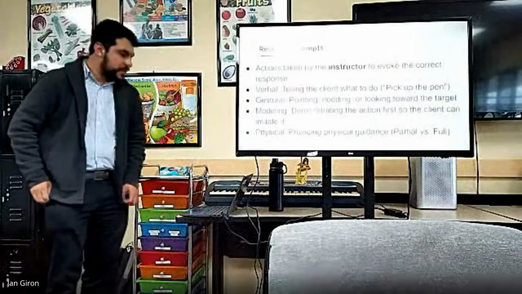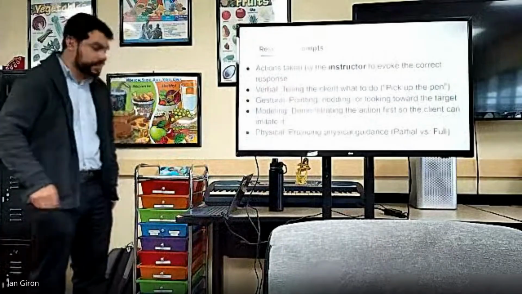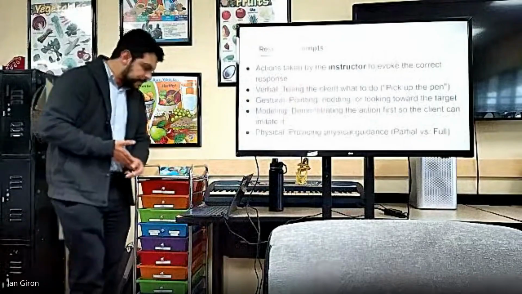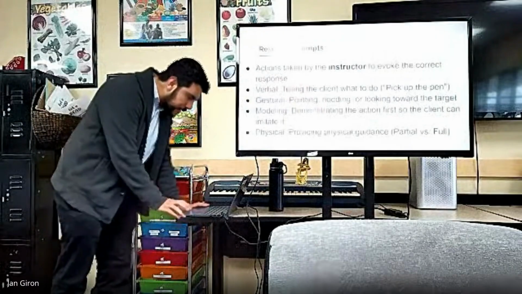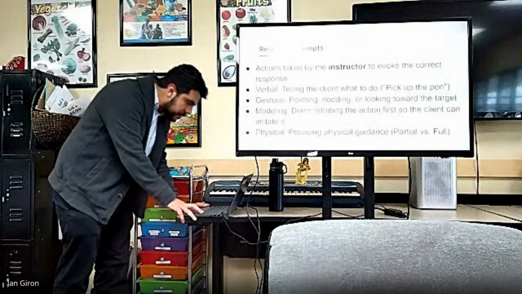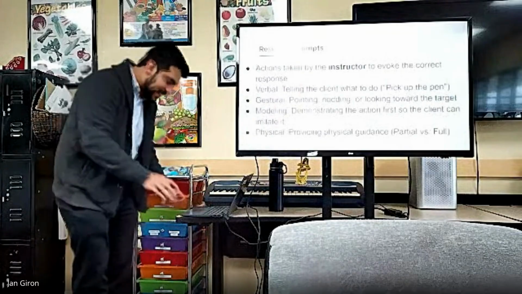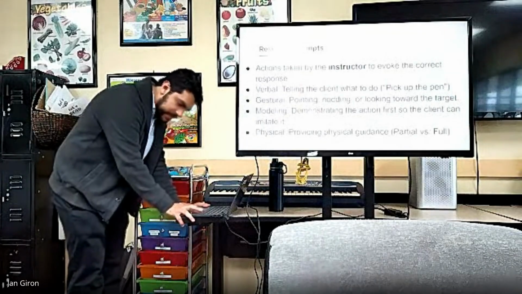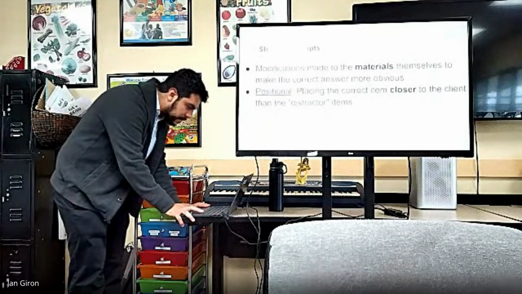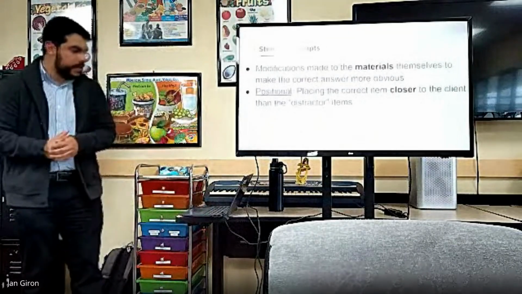These are all some that I'm sure by now we've done dozens and dozens of times. Okay, so those are our response prompts. I don't feel like I need to spend too much time on them. I think we make good use of them throughout our days here.